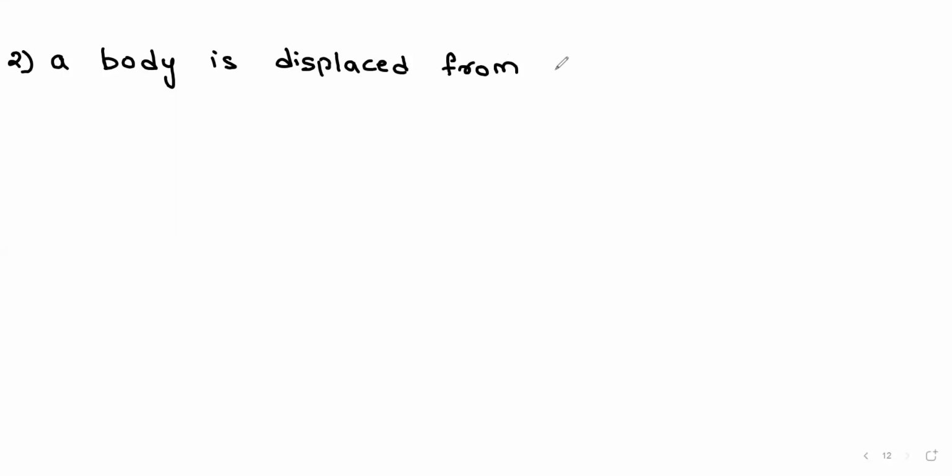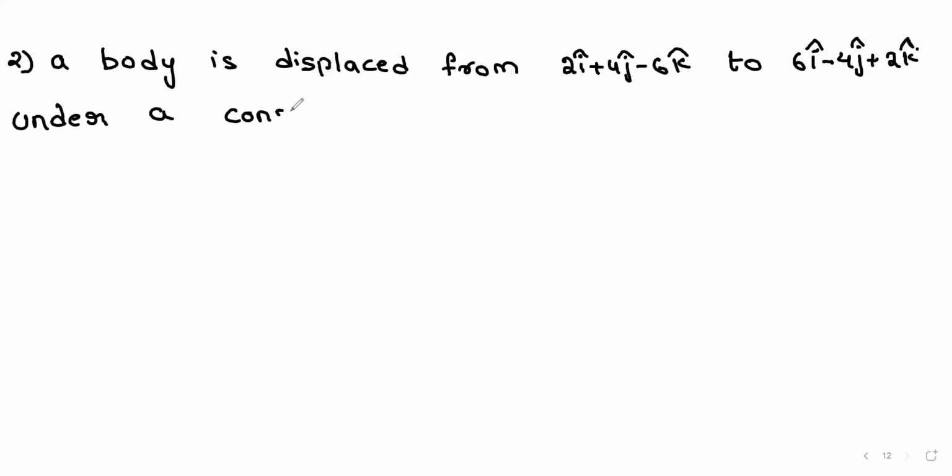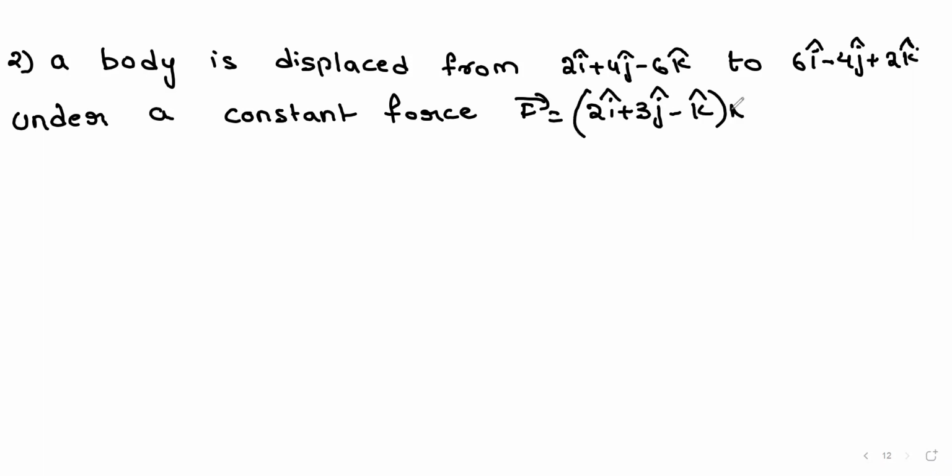Next question is, a body is displaced from 2i plus 4j minus 6k to 6i minus 4j plus 2k under a constant force F equal to 2i plus 3j minus k Newton.